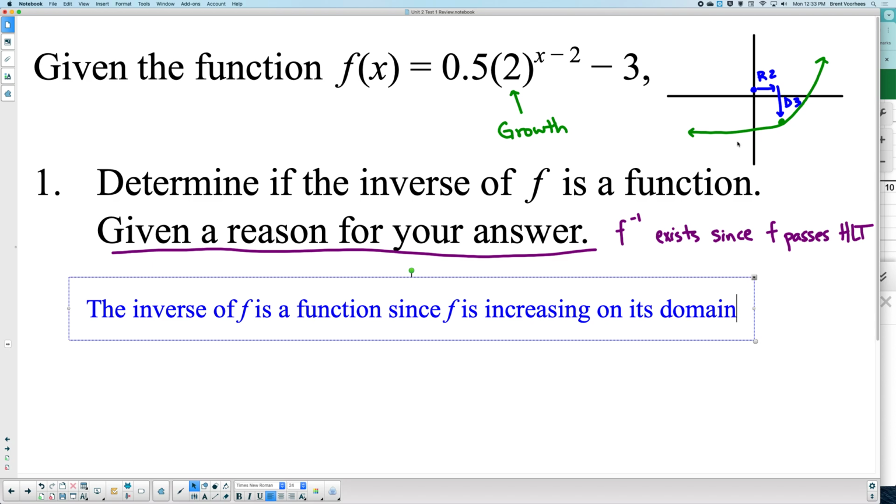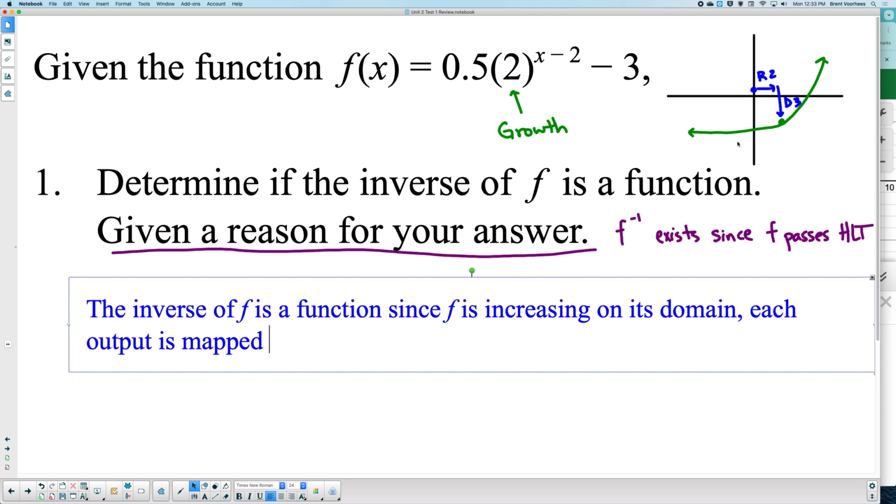Since f is increasing on its domain, each output is mapped to exactly 1 input value.